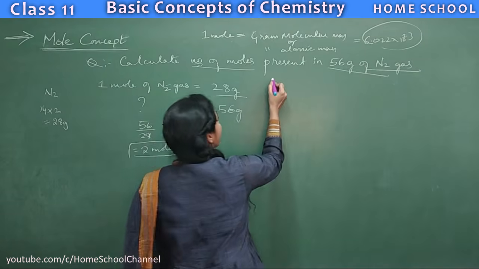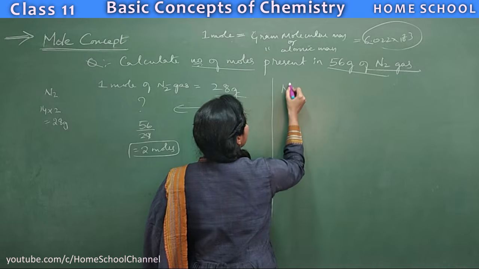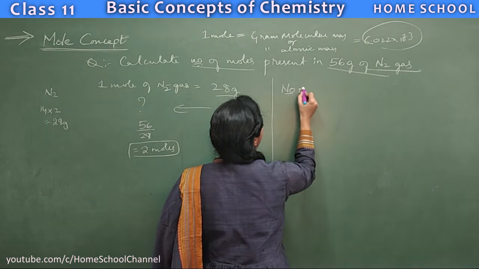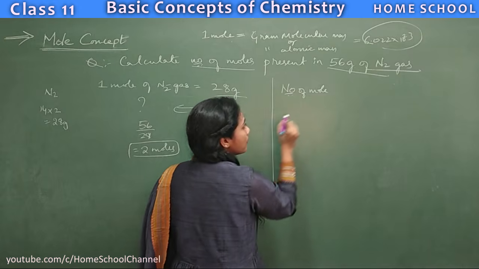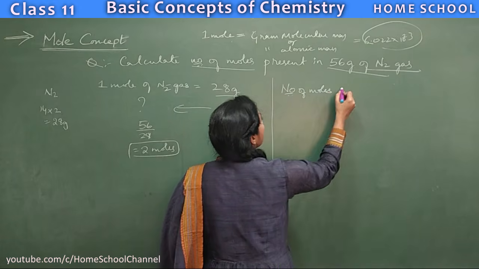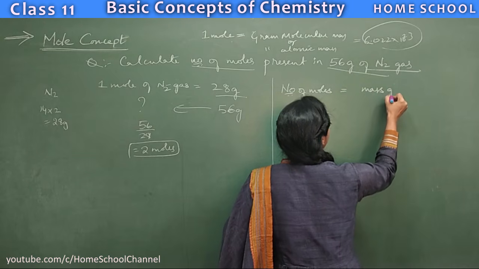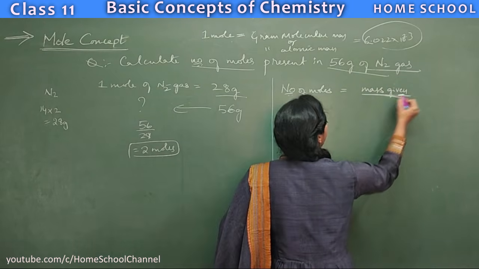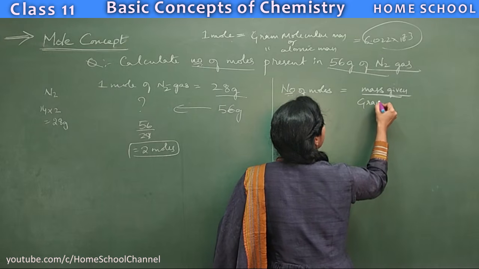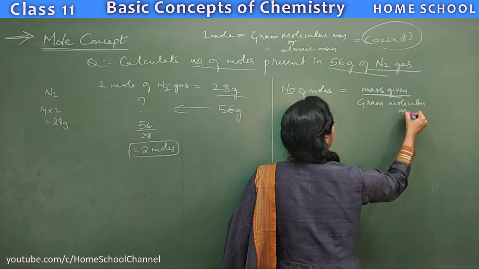And now I can give you a formula also here. Whenever you want to calculate the number of moles, you have a formula: mass given, which will be given in the question, divided by gram molecular mass.